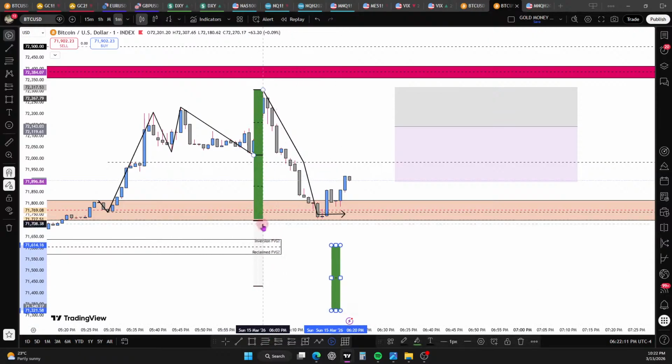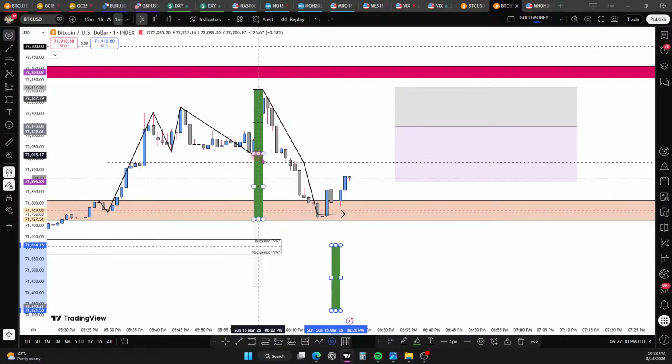If I was looking to take an extension on this, but really I'm anticipating a bullish order block anywhere up here with my stop loss at this part of the order block. I'm trusting that to be the high, and then targeting at least this distance for that to be a correct order block.